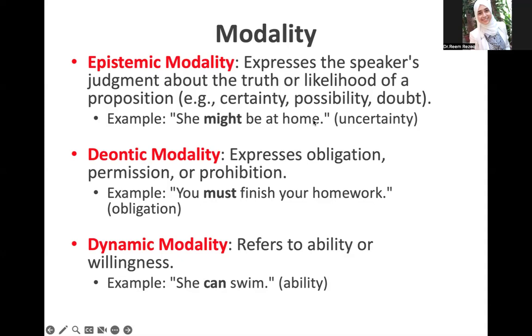She might be at home. ربما ستكون في البيت. Is it something we are certain about? We are giving a possibility about it. There is a doubt about it. So what does it mean here? That we are giving something that we are not sure about, whether she is at home or not. So she might be at home.